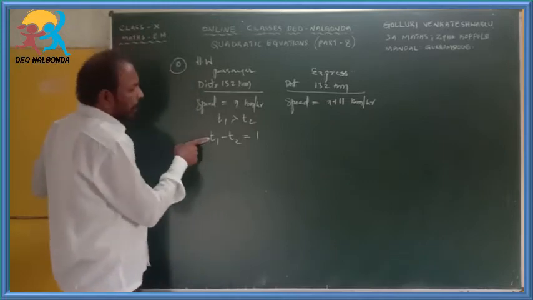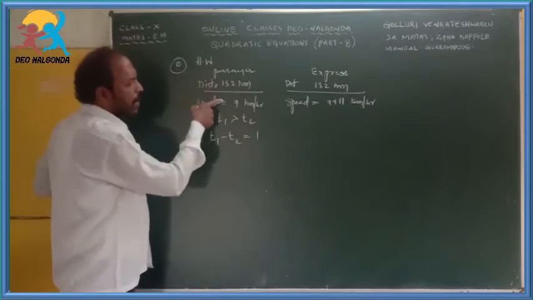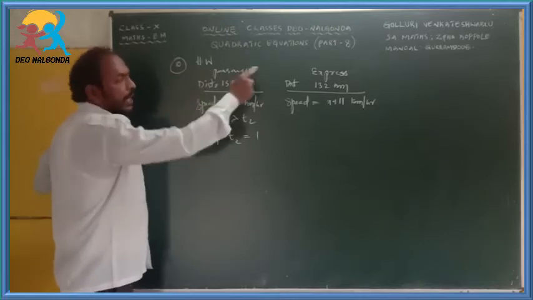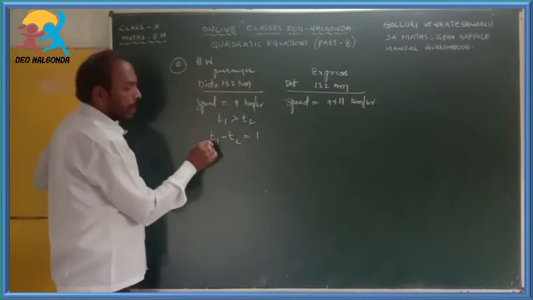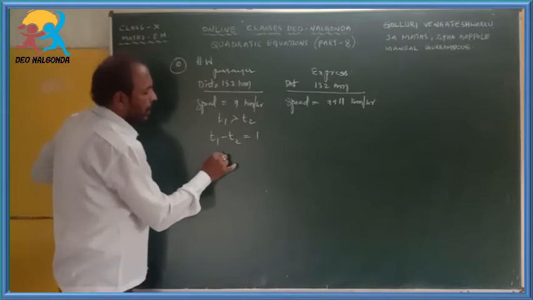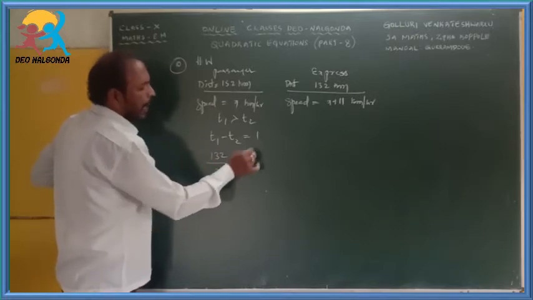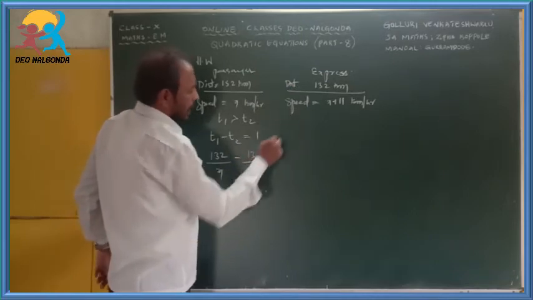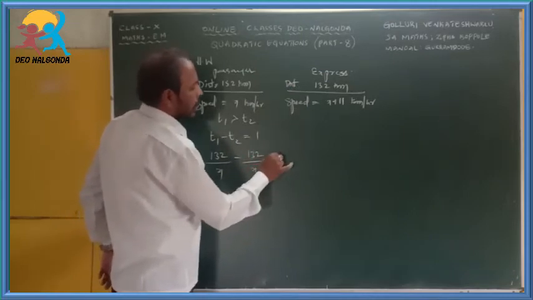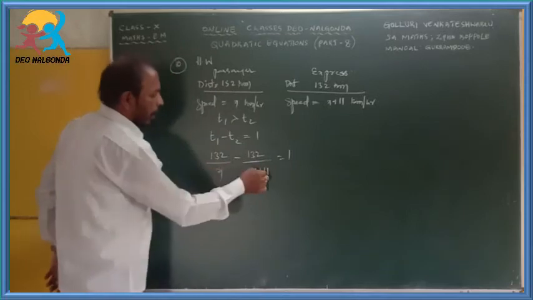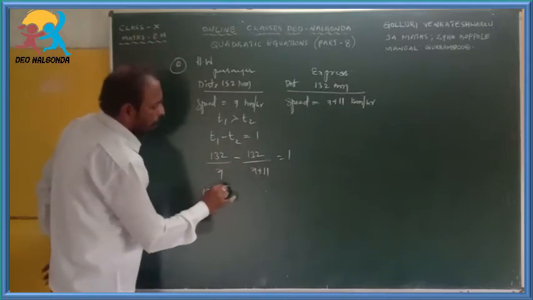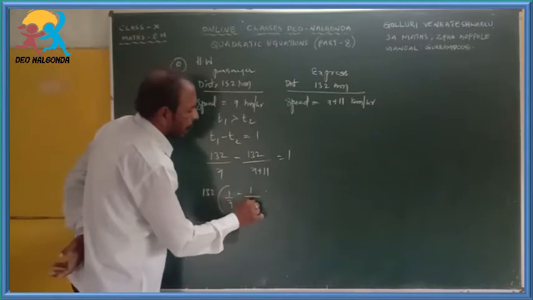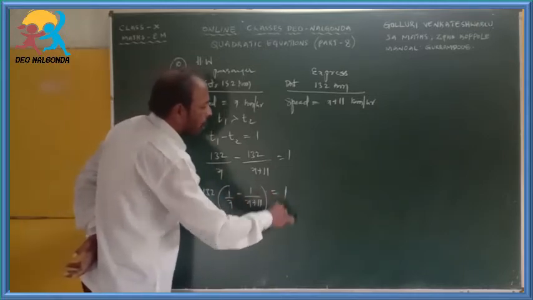According to T1, the formula for time is distance by speed. The time taken for the passenger train to reach the destination is T1, distance by speed, minus distance by speed x plus 11, that is 1 hour. So here 132 is taken common: 1 by x minus 1 by x plus 11 is equal to 1 hour.